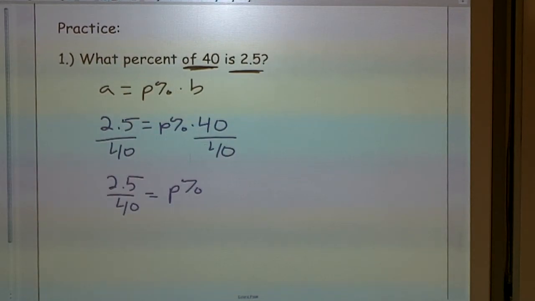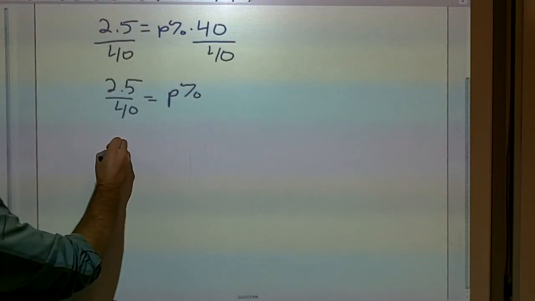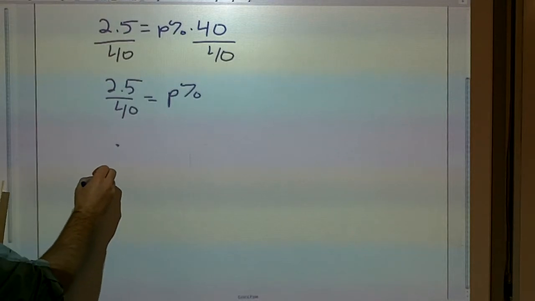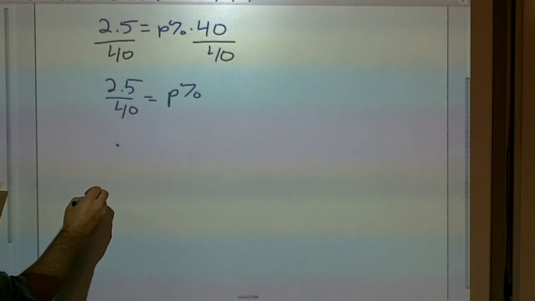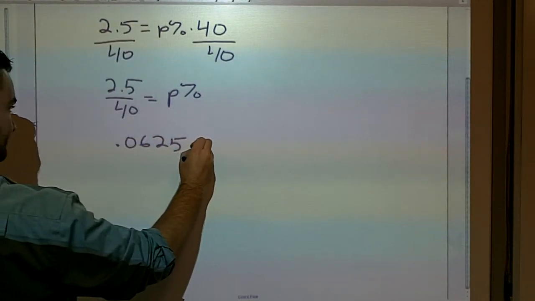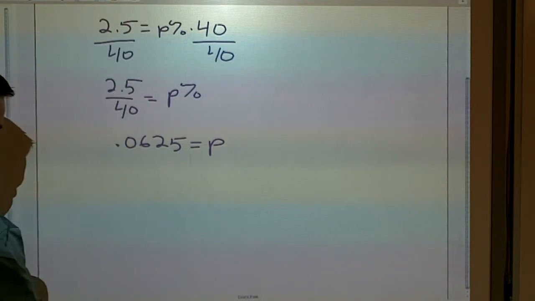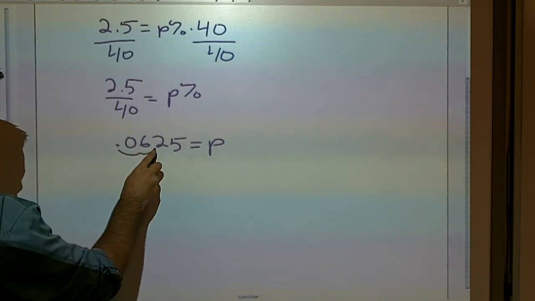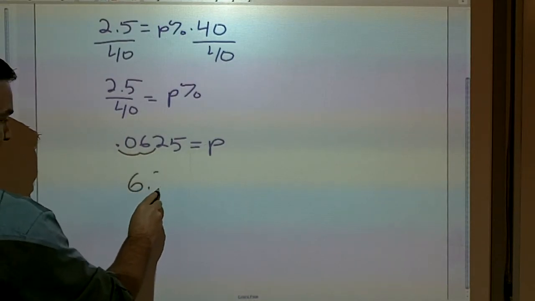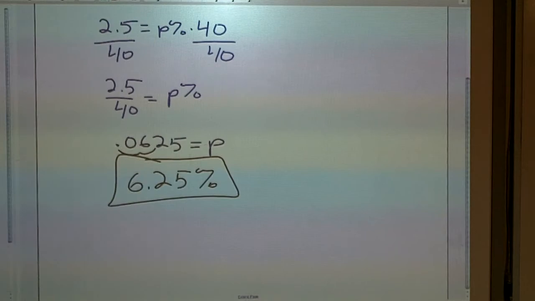If you divide that out, 2.5 divided by 40 gets us to about 0.0625. So 0.0625 equals P. Now that's in a decimal. To transfer it to a percent, all you need to do is move the decimal point 2 places. 6.25% is our answer.